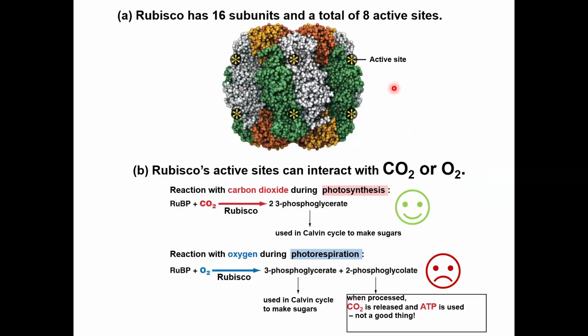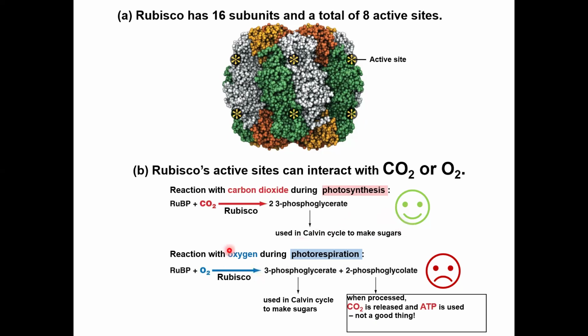Now it has a total of 16 subunits and a total of 8 active sites, where the active sites can either interact with carbon dioxide or oxygen. When it's with carbon dioxide during photosynthesis, it goes into a happy state.